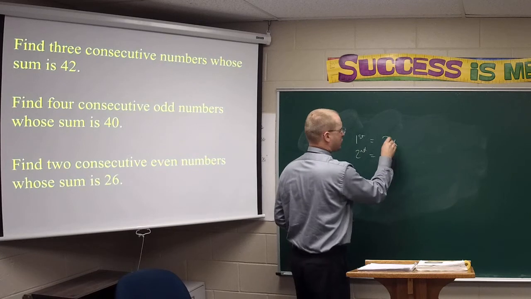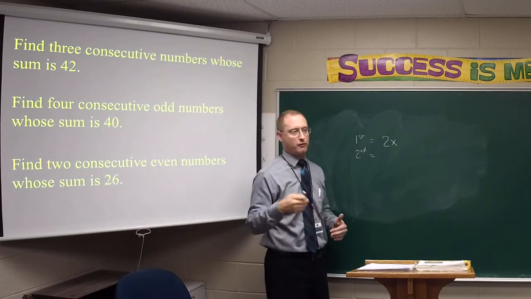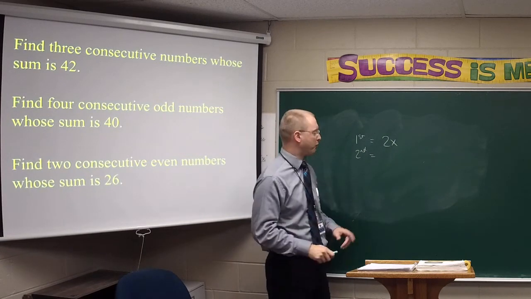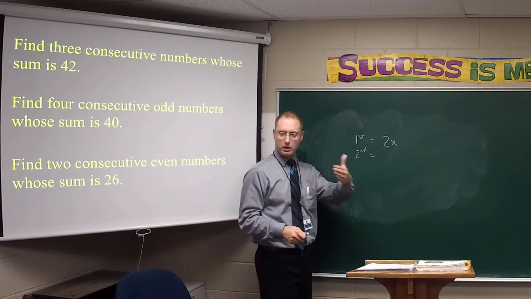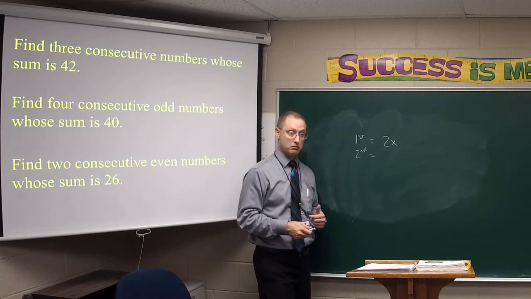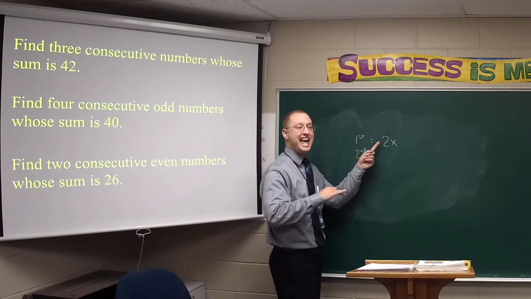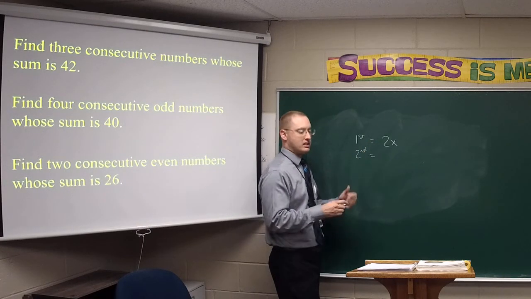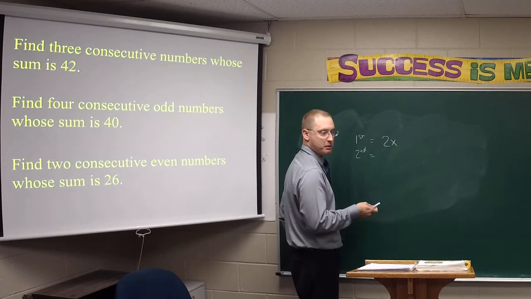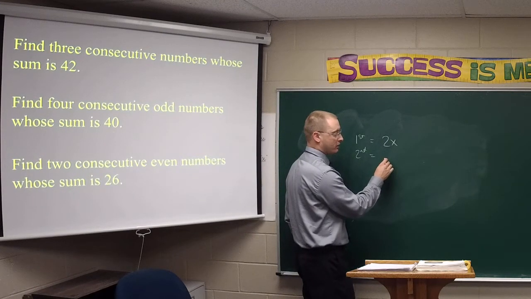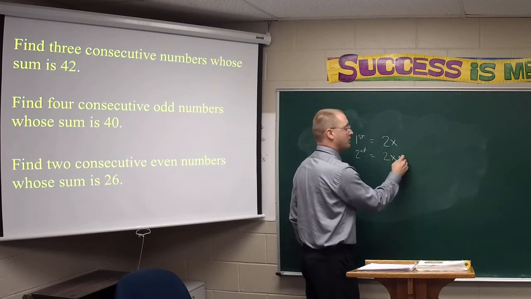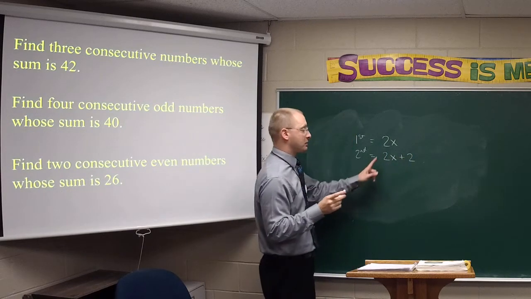So if my first number is 2x, again, if we were to count even numbers, 4, 6, 8, 10, 12, and so forth, we're doing what? Going from one number to the next. Adding 2, right? So if my first number is 2x, which is any even number, the next consecutive even number, class, would have to be 2x plus 2. Careful, not 4x, but 2x plus 2.